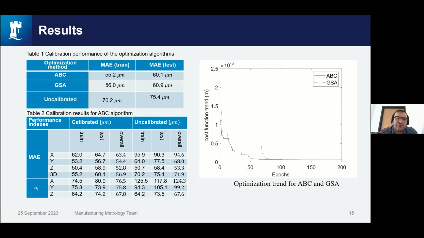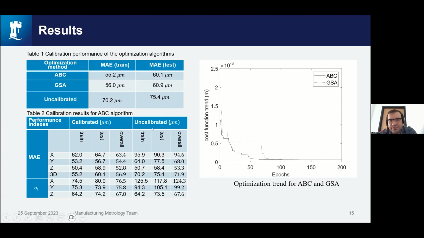This is, of course, for training data. In the case of test data, we have 75.4 micrometers, which by using the optimization algorithm reduces to 60.9 micrometers for gravitational search algorithm and 60.1 micrometers for artificial bee colony.